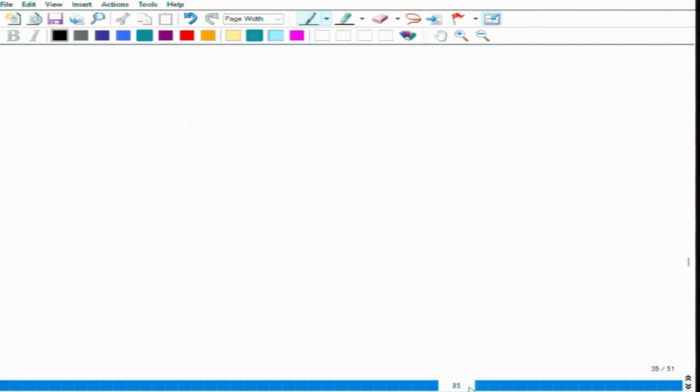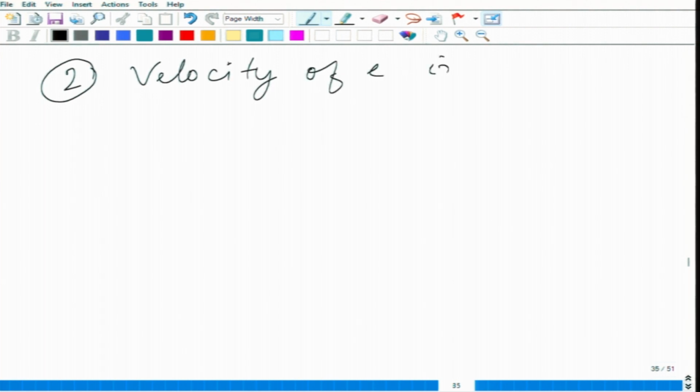Now the next is velocity of electron in nth orbit. How can we write this?